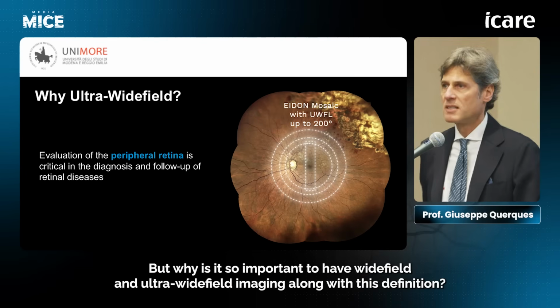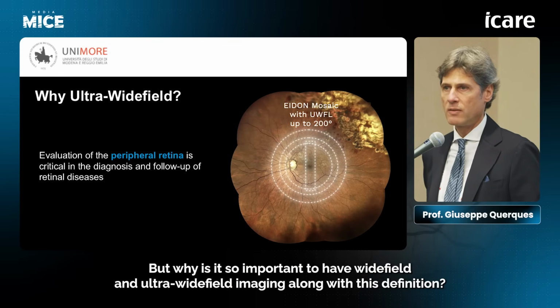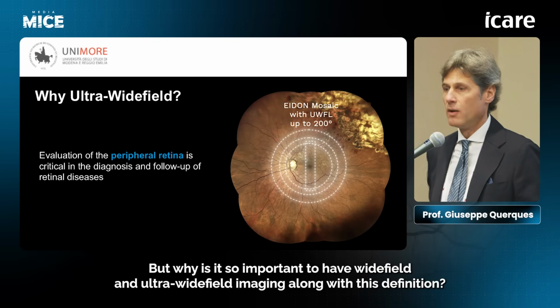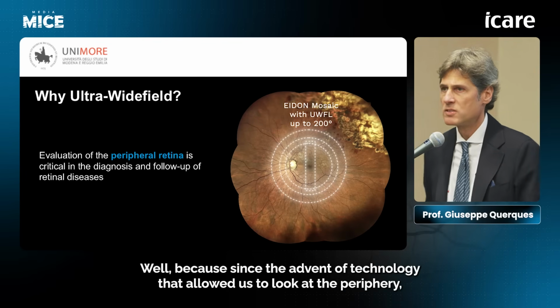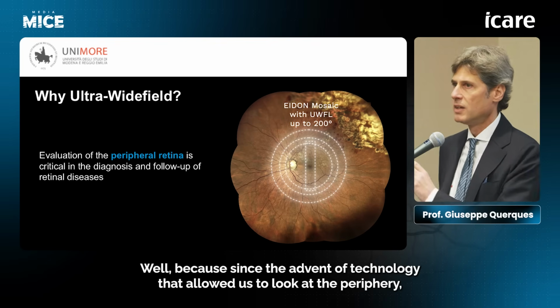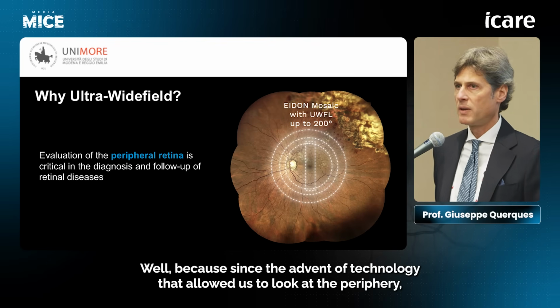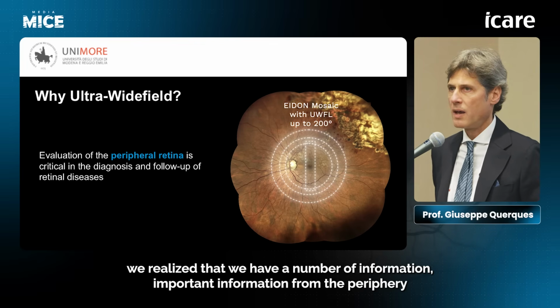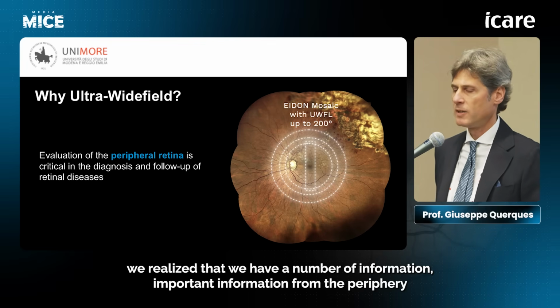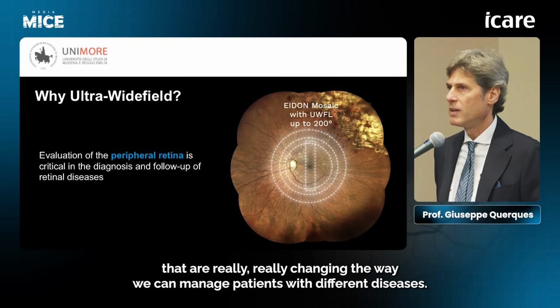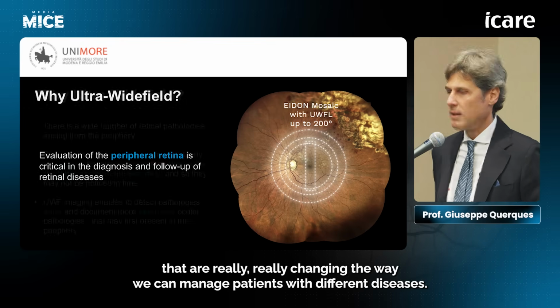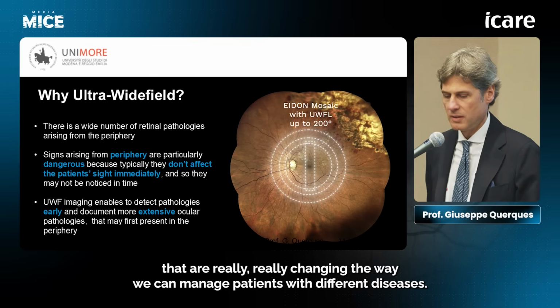But why is it so important to have wide field and ultra-wide field imaging along with this definition? Well, because since the advent of technology that allowed us to look at the periphery, we realized that we have a number of important information from the periphery that are really changing the way we can manage patients with different diseases.